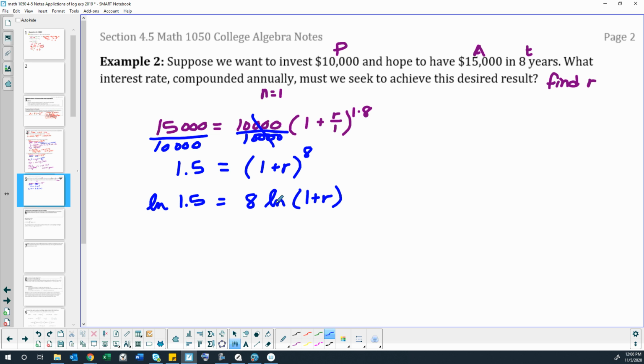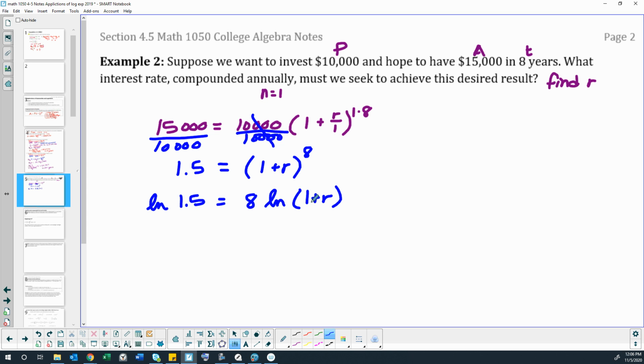Well, this is interesting because the r is inside of our logarithm. How is this going to turn out? Okay, well, it's going to turn out fine because natural log of 1.5 is a number, right? And we're going to divide that by 8, and then we're going to have a number that's divided by 8.